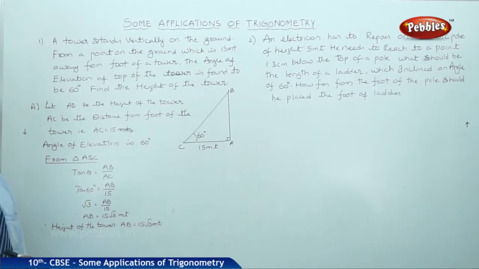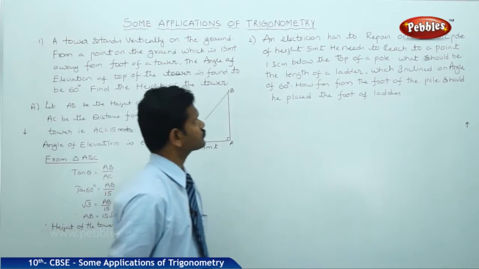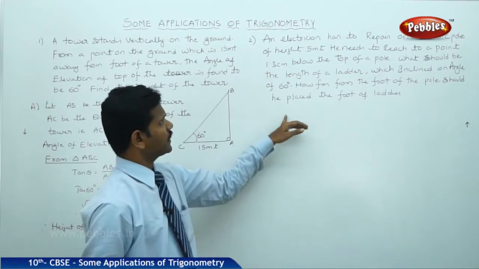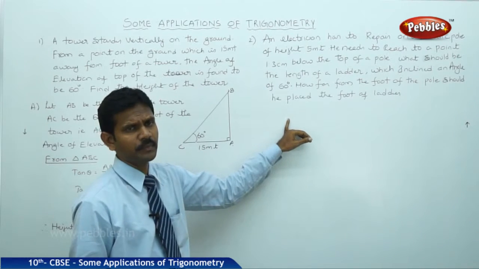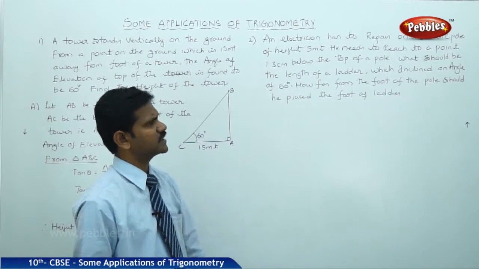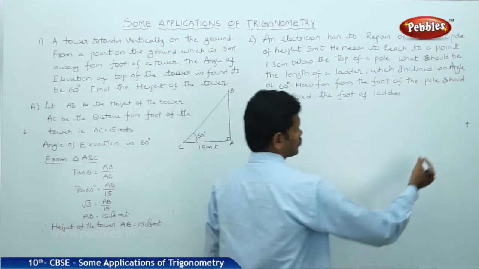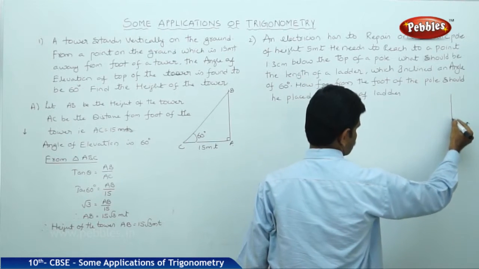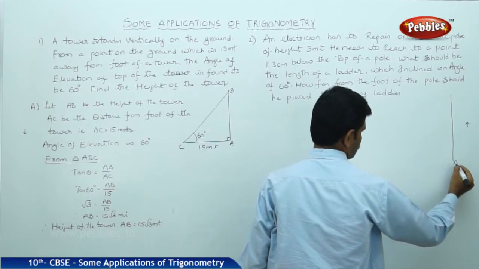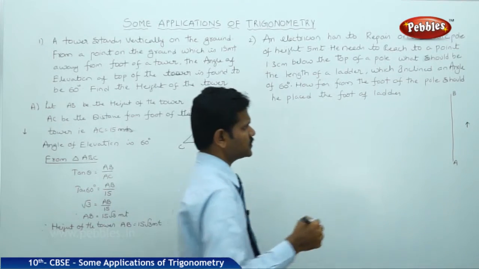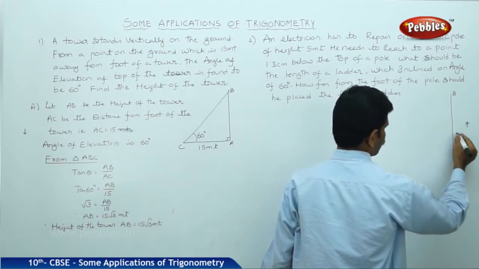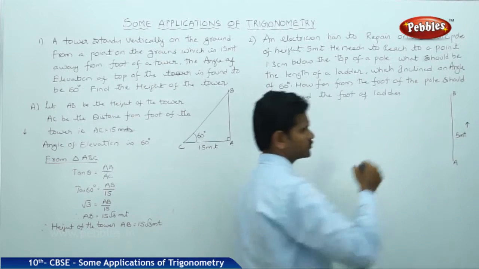Now let us come to the second example. An electrician has to repair an electric pole of height 5 meters. Let us draw the diagram first. AB is the electric pole whose height is 5 meters.